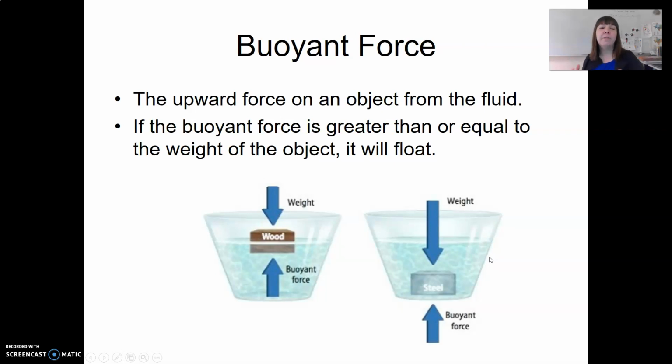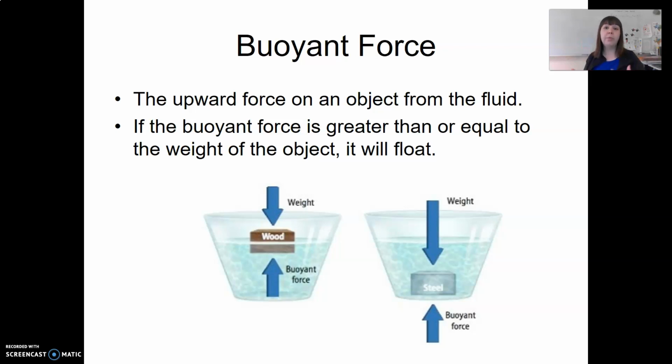All right, so fluids exert a pressure on their surroundings, just like the surroundings exert a pressure on them. When we put an object in a fluid, such as we've put this block of wood here in this cup of water, the fluid exerts a force on the block of wood. Now, if that upward force, what we call buoyant force, is greater than the downward force of gravity pulling on the object, then the object will float.